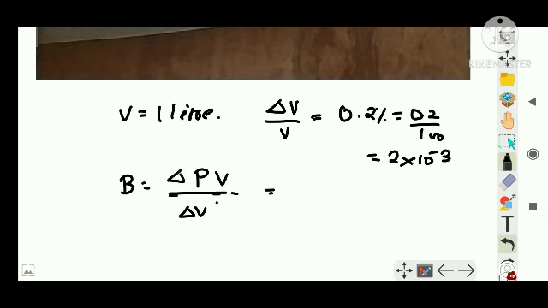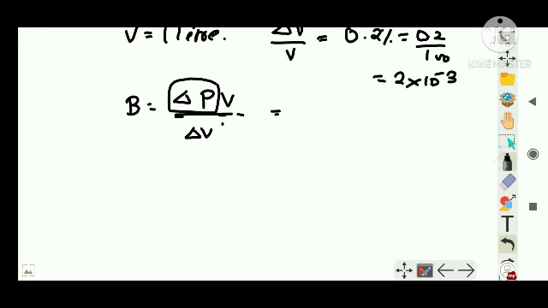Now in place of force per unit area, I can even say it is change in pressure. So I can write delta P into V divided by delta V, right? So from here delta P can be rearranged as B into delta V by V, right?